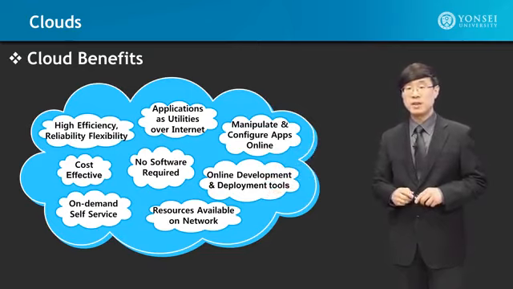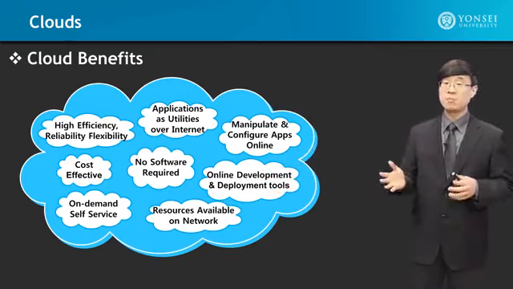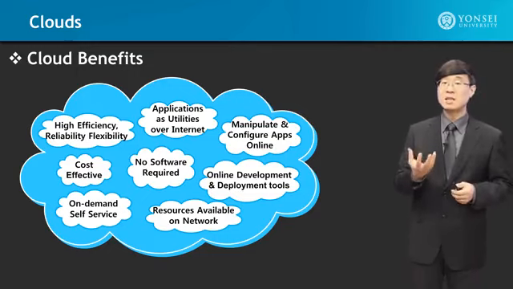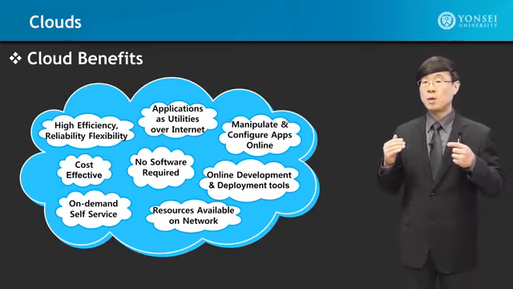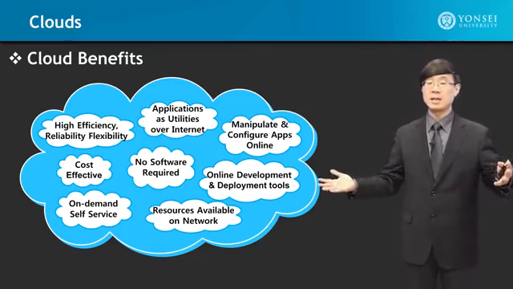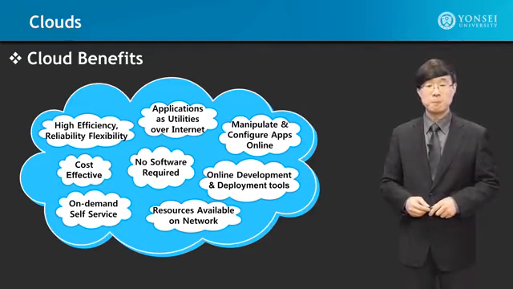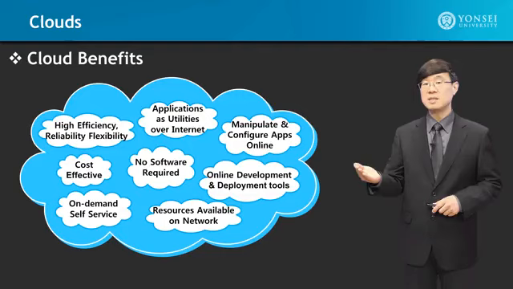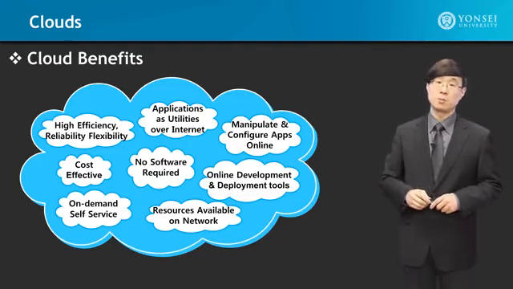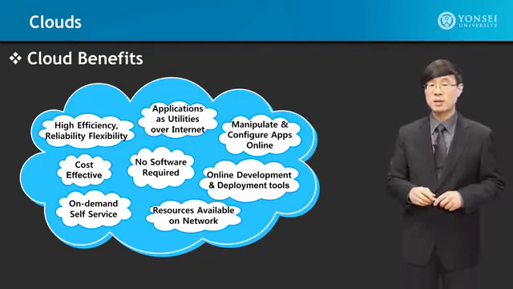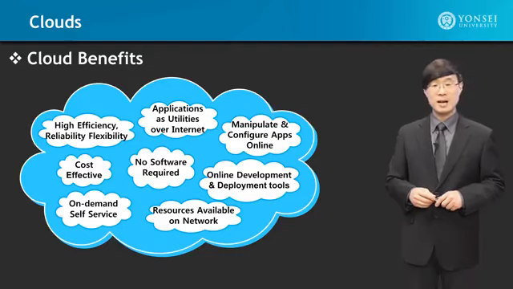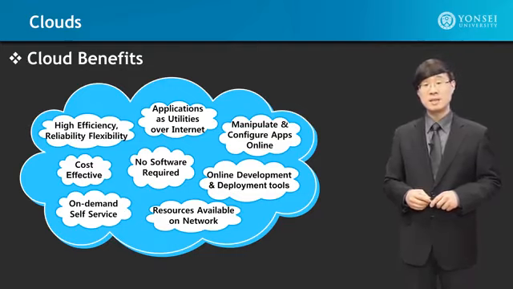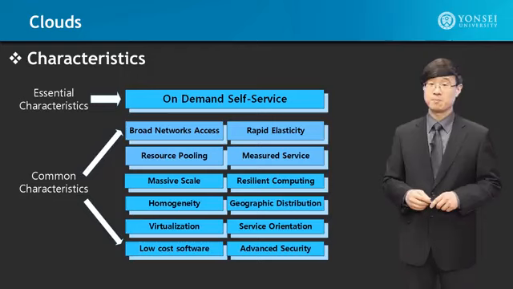When we talk about cost effective, instead of buying a software package, getting the DVD and installing it on your computer, using cloud computing you are open to download a variety of different applications when you need them, and you do not need to invest in something that you may not use. When you need it, you download it and then you use it. So when you download something, you know that you're definitely going to use it. So there's no waste in investments in money.